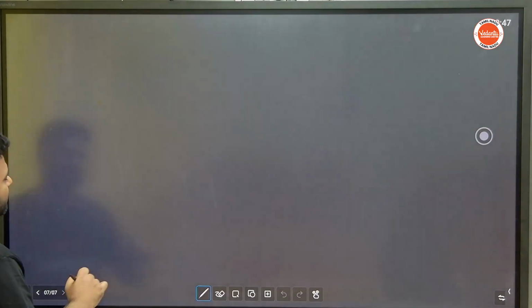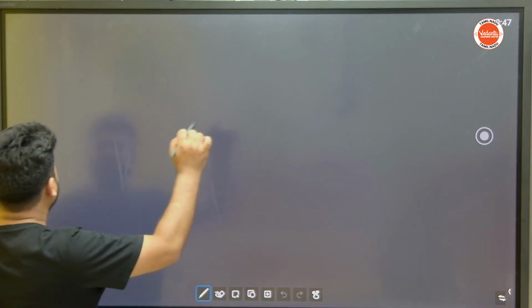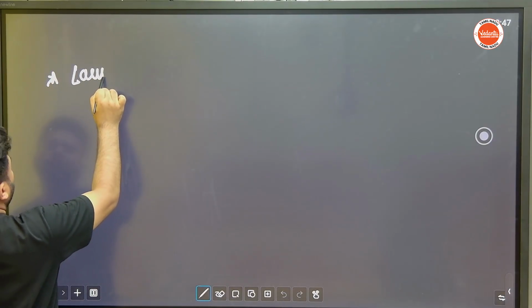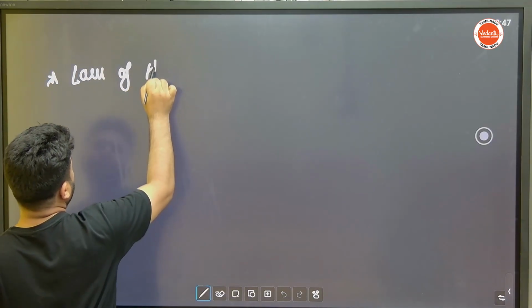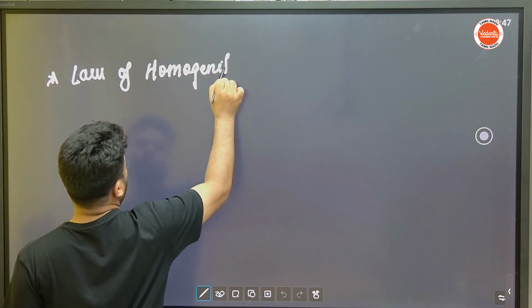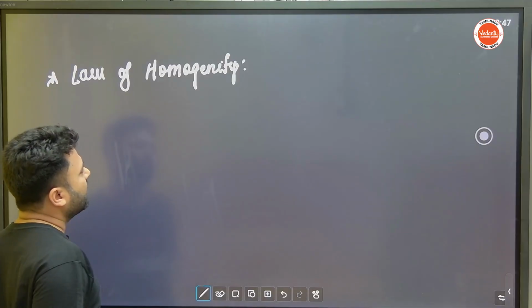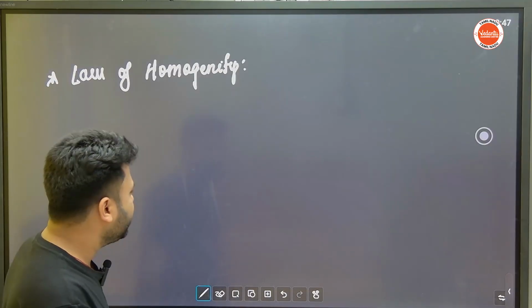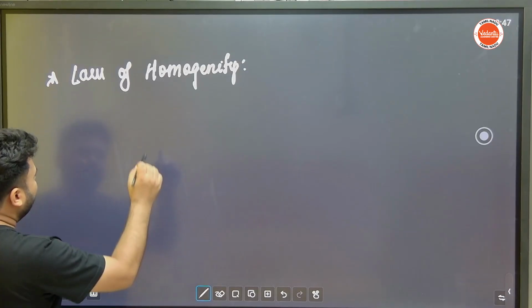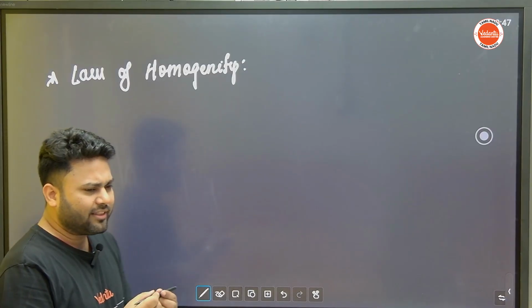For example, let's take one example. Acha, before example, I want to tell one more thing. Law of homogeneity. What it says, like suppose for example I am telling, like I have to add the length of 2 pens.